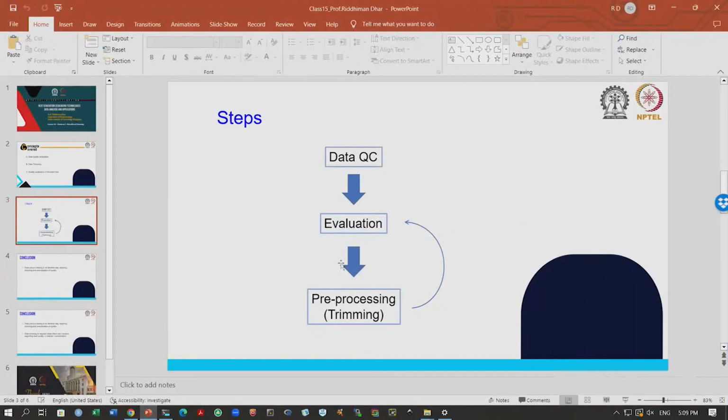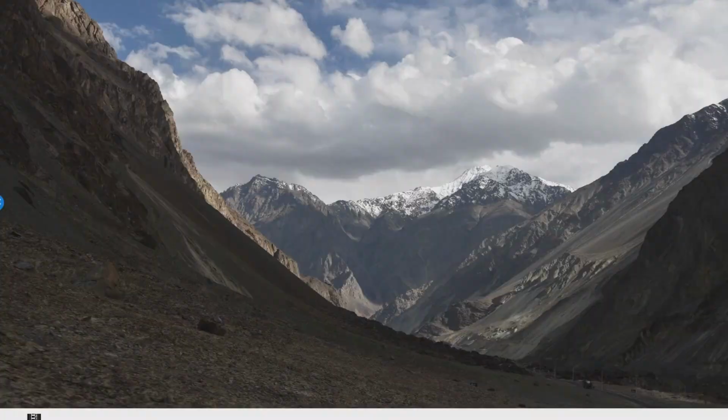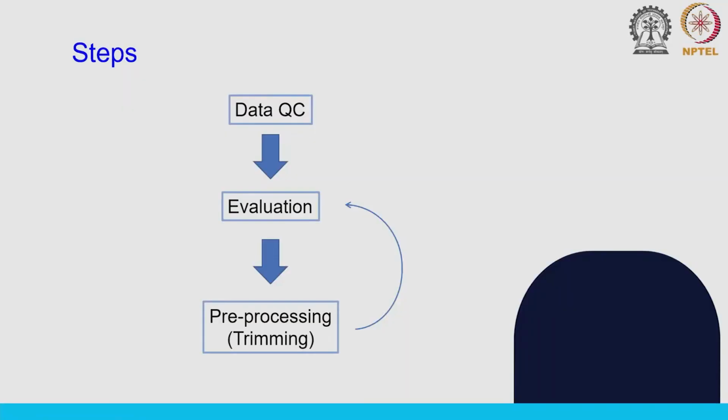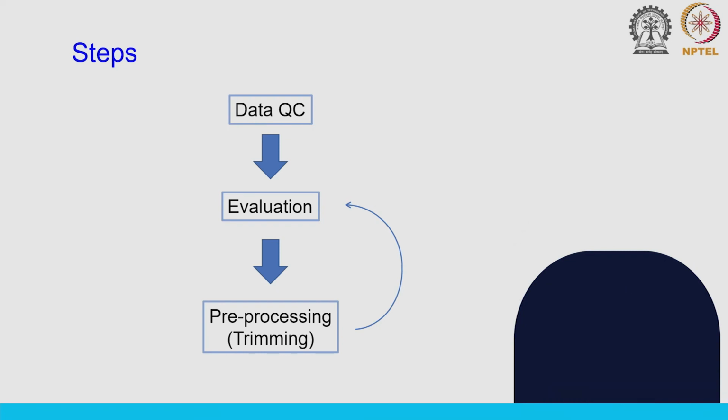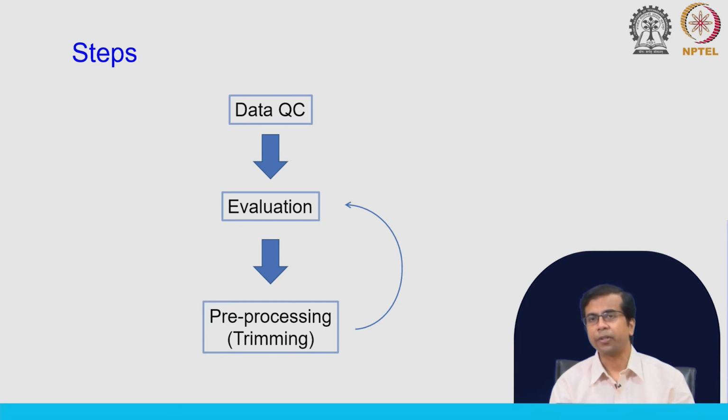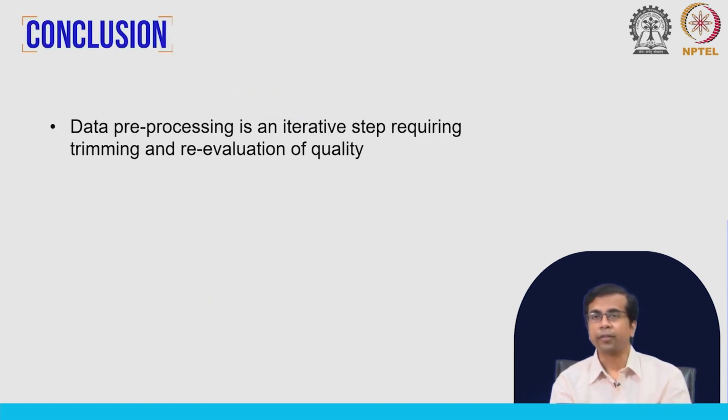Okay. So, coming back to the presentation, we have actually gone through these steps. We have done this data quality control, we have evaluated the data, we saw some problems, and then we did some pre-processing, and after pre-processing we have again run the quality control and evaluated again. So, to summarize what we have seen, data pre-processing is an iterative step.